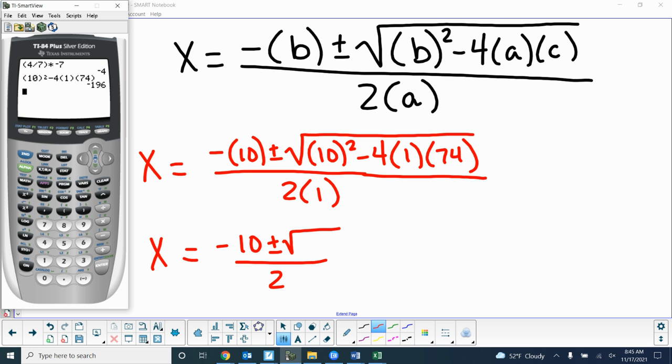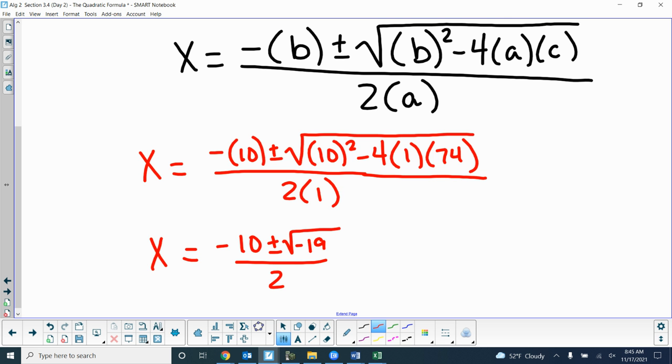So a lot of you, when I was walking around, had that -196. Okay, what did you guys find out about 196? Perfect square. What is the square root of 196? 14. Very good. But it's also negative. So what else do I got to remember? The i. So look at 10, 14, and 2.